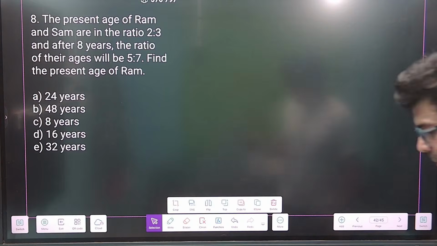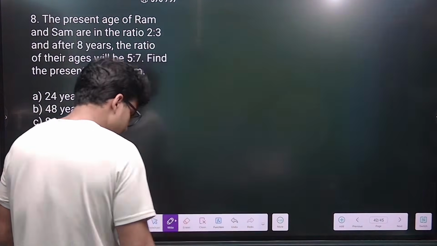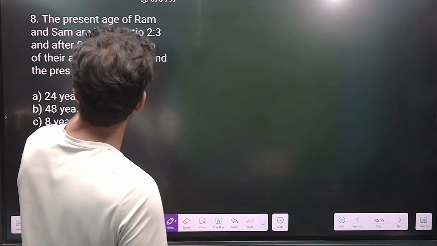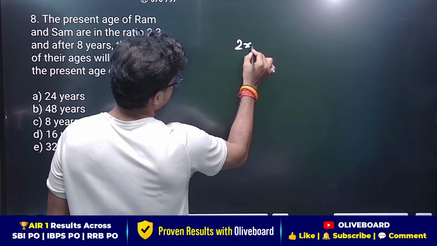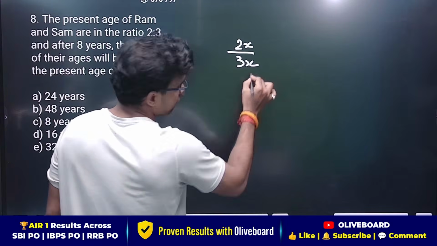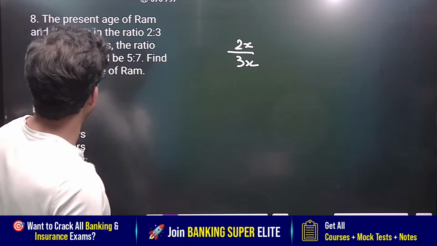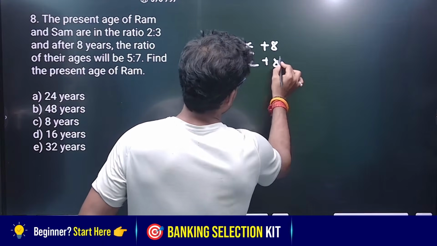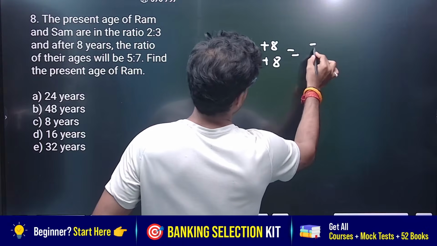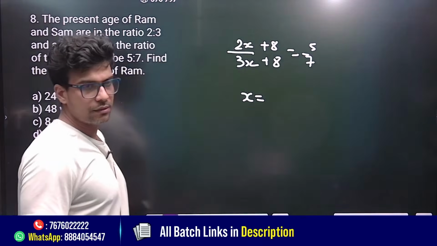Oh, that's nice. Same question based on that. Can I make an equation, then you can solve? Present age of Ram and Sham is 2:3, that is 2x and 3x. Right now, this would be the present age. Now after 8 years, so plus 8, the ratio becomes 5:7. Just solve. What is the value of x from here?